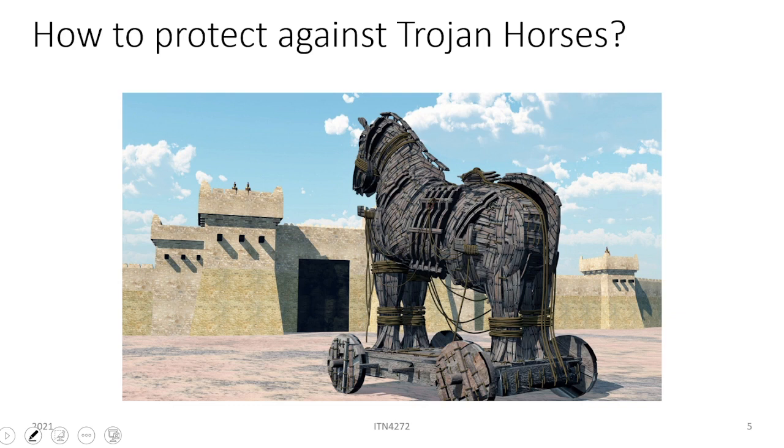The concept of Trojan horses is a threat that is going to hide behind something else and get into the secure area, breaching security by hiding inside something. So it's concealed within something else. This is going to be a key challenge to detect when it comes to security, and it's a challenge in network security as well.